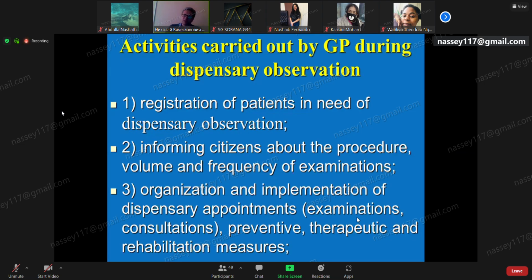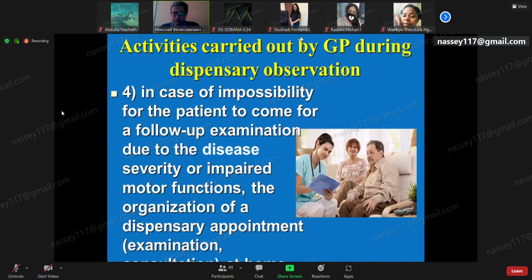As for registration of patients that we have discussed, which other activities does the GP provide during dispensary observation?